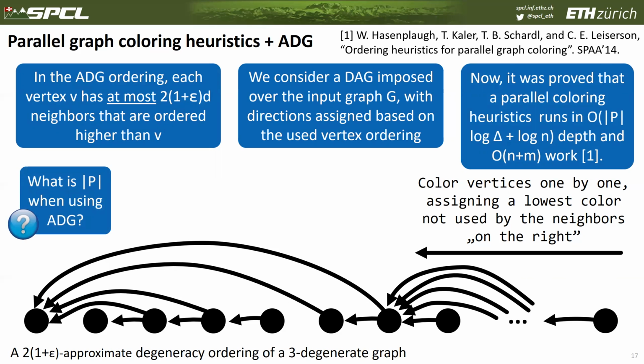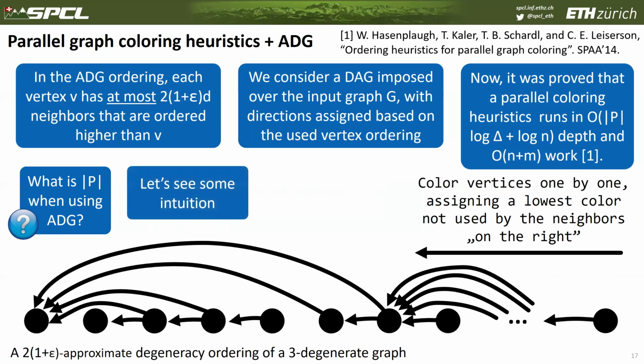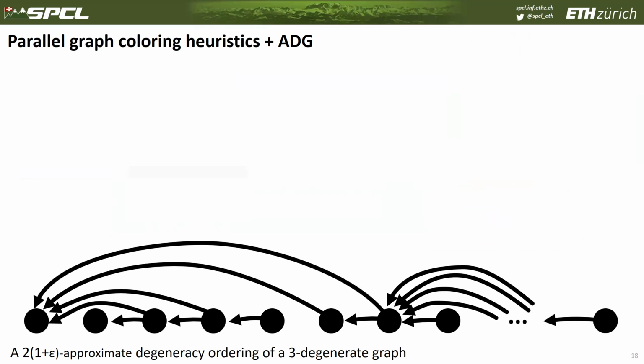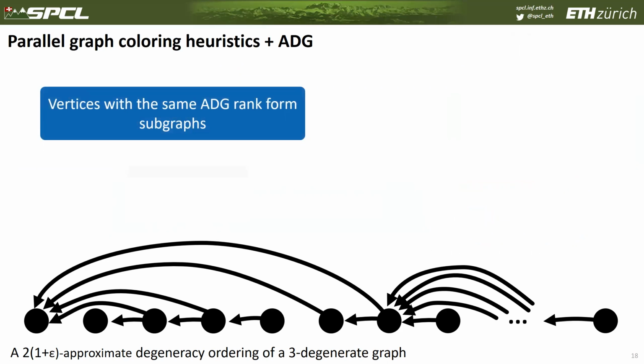What is the size of this longest path in this DAG imposed over the input graph and using the ADG ordering? So the sketch of the intuition of our proof is that on one hand, we know that vertices with the same ADG rank form some subgraphs, right? So we remember in each iteration, we are grabbing some batch of vertices, and these vertices are going to share the same rank in this ADG order.